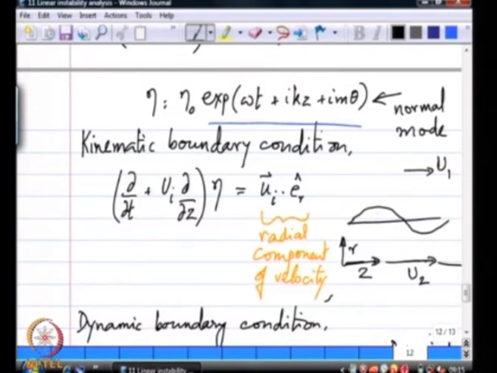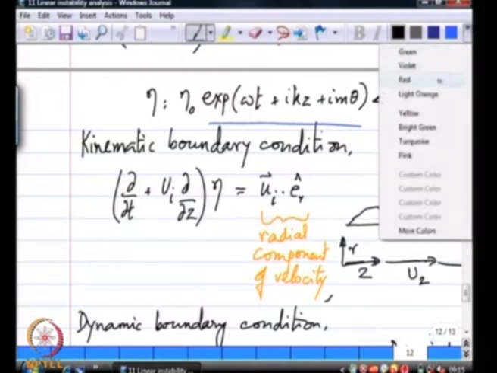If I take eta as a function of z and time, eta meaning this is coming from the normal mode, in fact z, theta and time. So, if I take a material point on this free surface, and I am going to use a different color for that.